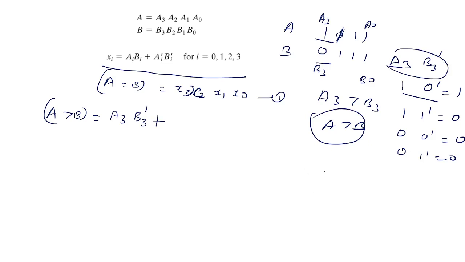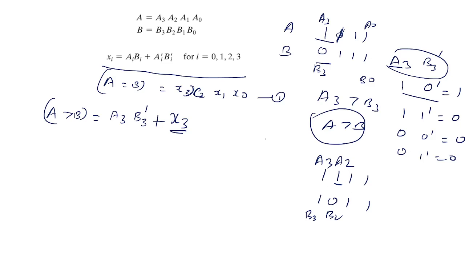Sometimes your A3 and B3 might be equal. Now I can decide the output only based on the next bit, the A2 bit, and here it is the B2 bit. Here A3 and B3 are equal. If A3 and B3 are equal, I can take X3. Your X3 should be 1. If it is 1, then only I can decide A3 is equal to B3. So I am writing X3 here. And what is the other condition I need to check?